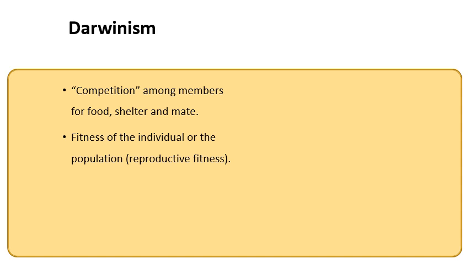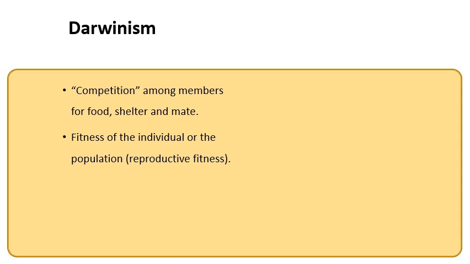The second type of struggle is intraspecific struggle. This is among members of the same species. For example, we human beings compete with one another for the same resource, either for food or for shelter. So this is the best example for intraspecific struggle.